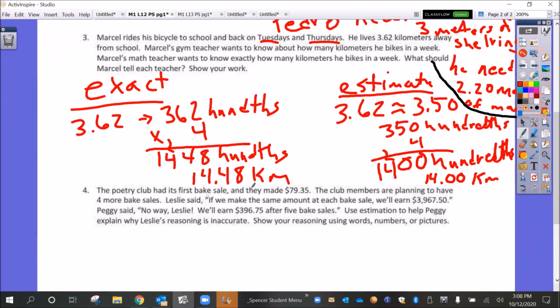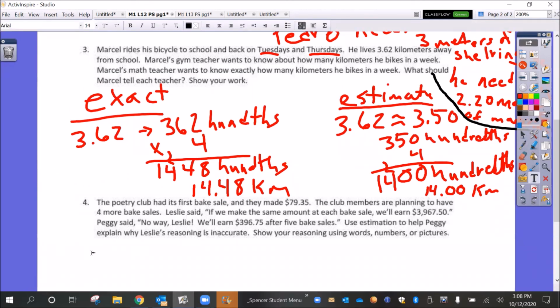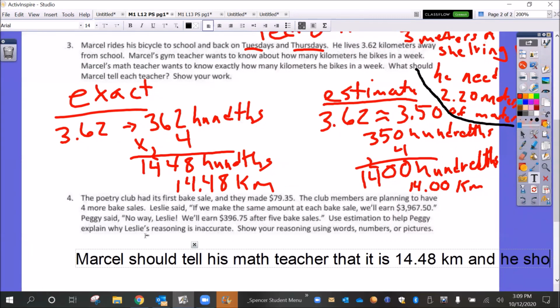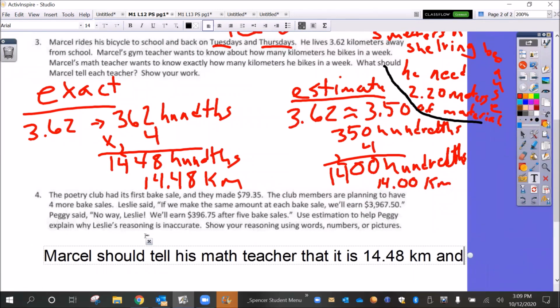Great job. So we do like to write a statement for these, and I'm going to just put it down here, and we will skip number 4. So you don't have to do number 4. If you ran out of space like me, use the space down here to write our statement for this. So what should he tell each teacher? Marcel, whoops, let me delete that other stuff. Marcel should tell his math teacher that it is 14.48 kilometers, and he should, let me skip a line.